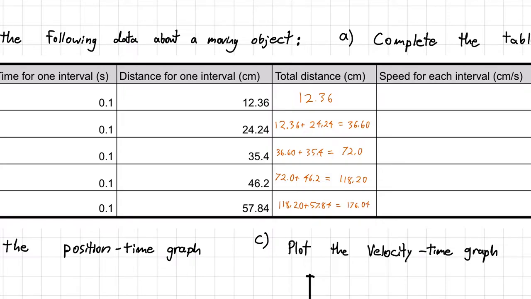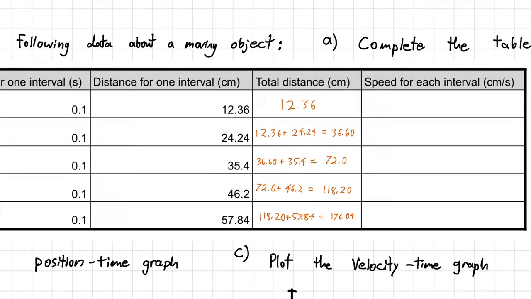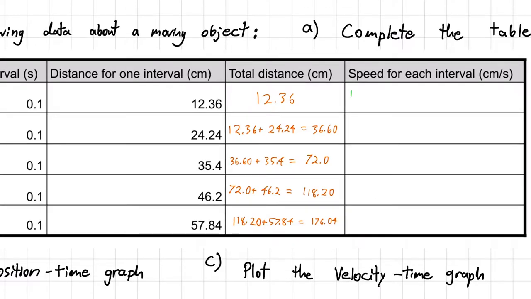So the formula to calculate this is to see, okay, we traveled 12.36 centimeters, and we did that in 0.1 seconds. So that equals 123.6. And the units are in the table, so we don't need to write the units here, but it's centimeters per second.